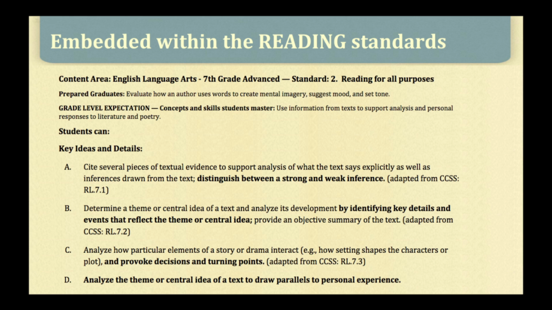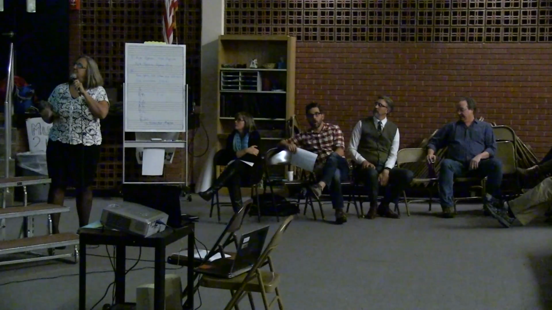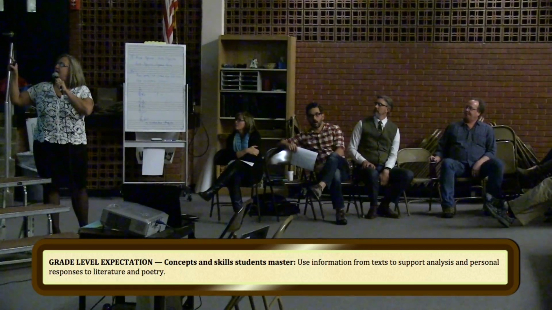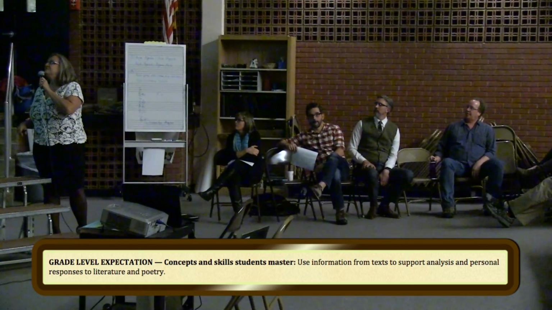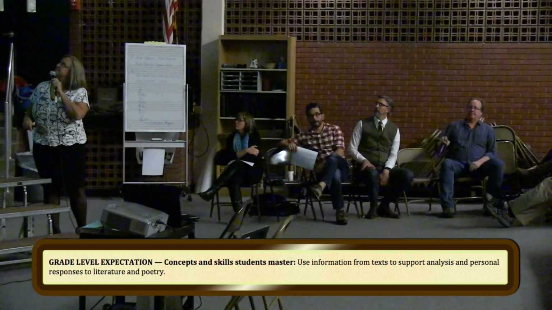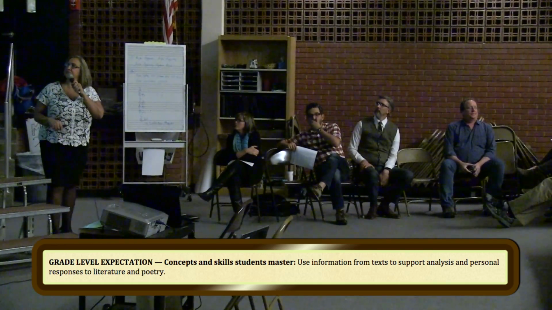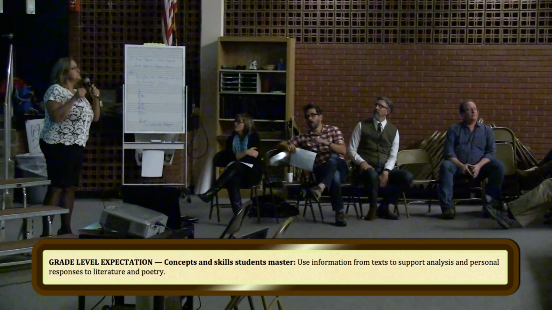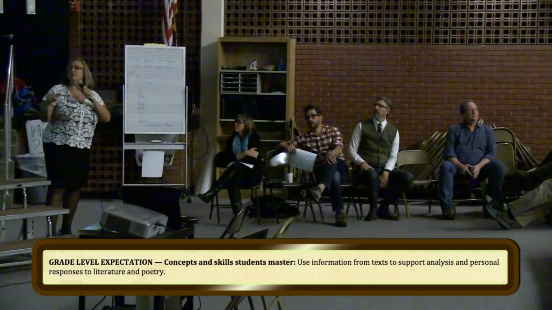Then we have grade level expectations. So in 7th grade, there are a list of expectations. In this case, the concepts and skills that need to be mastered are to use information from text to support analysis and personal responses to literature and poetry. That's the 7th grade expectation.